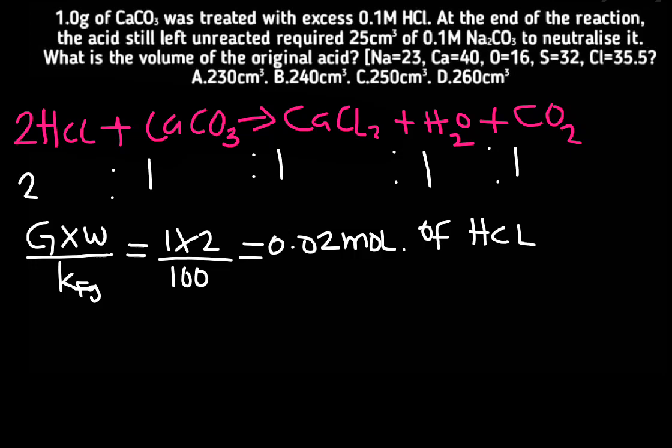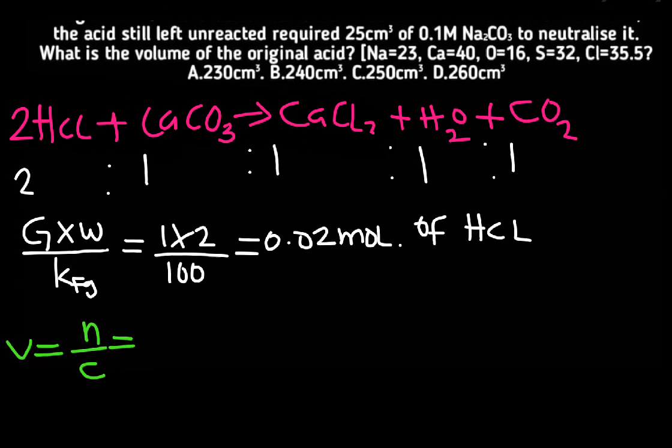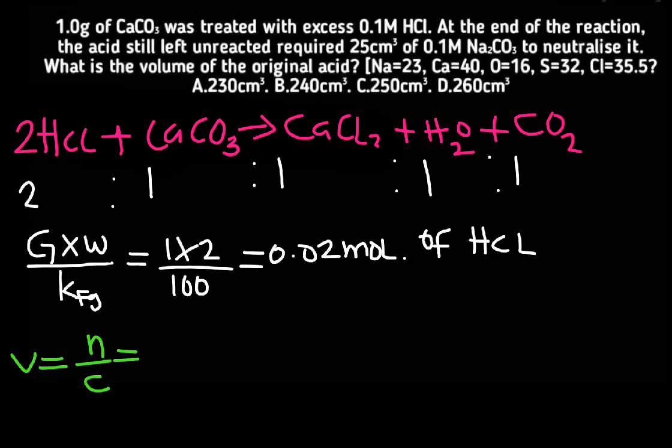Now, once this is established, next we'll solve for the volume of HCl. In solving for the volume, we'd say volume equals number of mole over the molar concentration. If you go back to our question, you will notice that the molar concentration of hydrogen chloride given is 0.1. So our mole is 0.02 over our molar concentration 0.1.